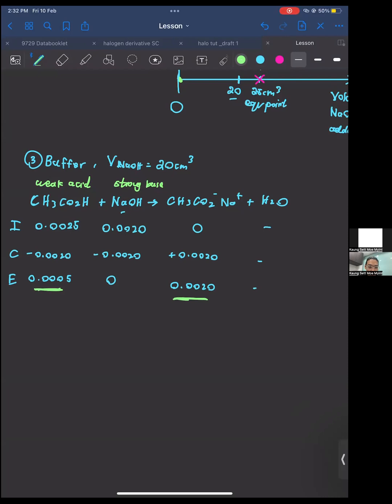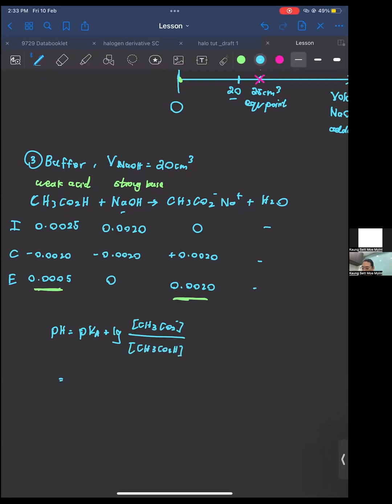This is a buffer scenario. If it is a buffer scenario, all you need to use is the buffer equation. Okay, the Henderson-Hasselbalch equation, which is pH equals pKa plus log of the conjugate base, CH3CO2 minus, divided by the weak acid concentration.